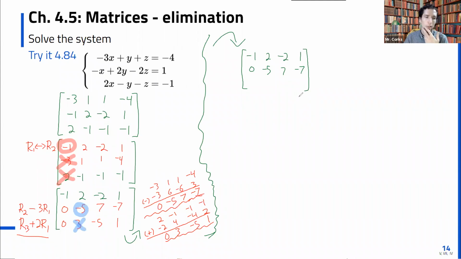So what could we do to eliminate that 3 in row 3? Again, we have a 3 in this position, and we don't want it to be there.